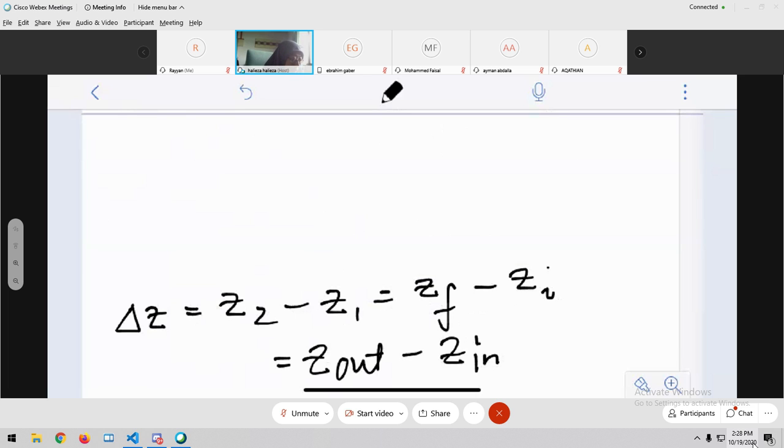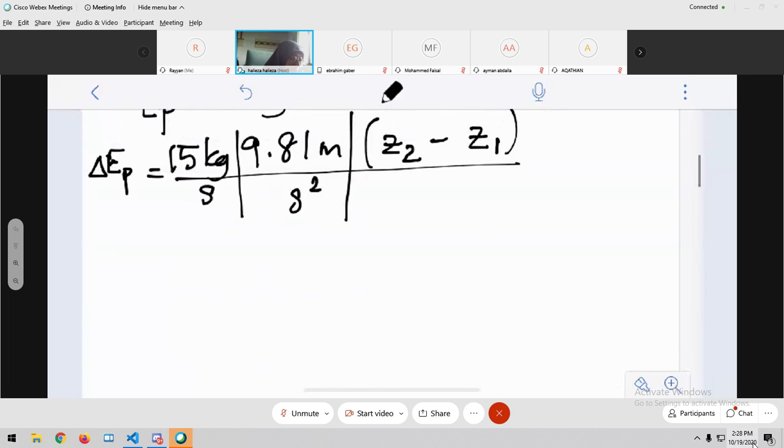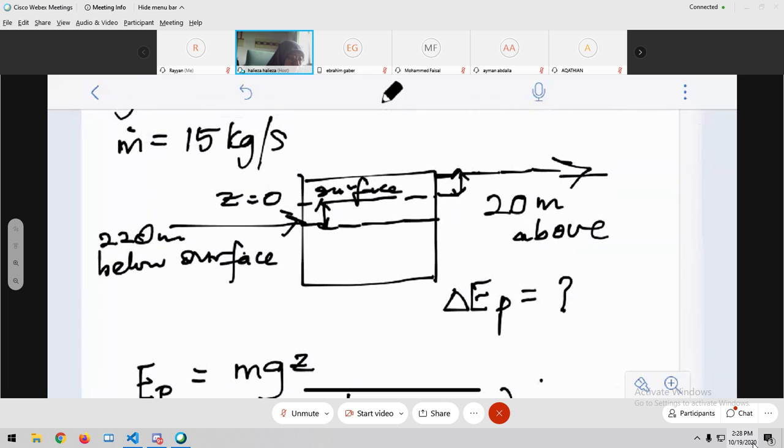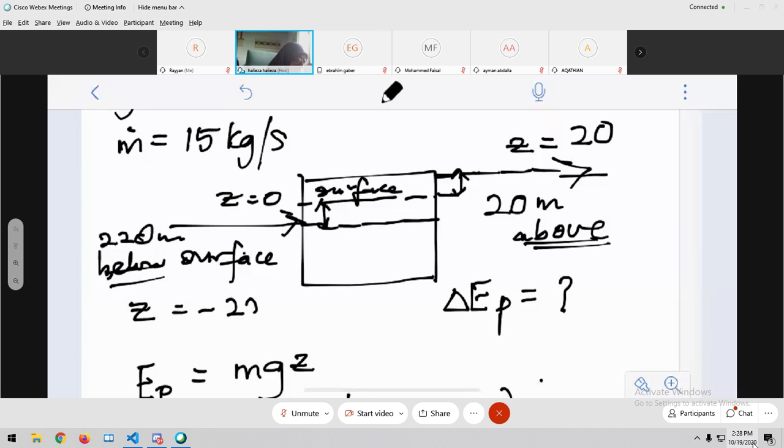So now your final outlet is 20 meter above the ground. It is above, so you give it z equals positive 20. Above is above. If it's below, then that value will be minus 20 because your surface level is 0. So this will be z2, that will be z1, your height.